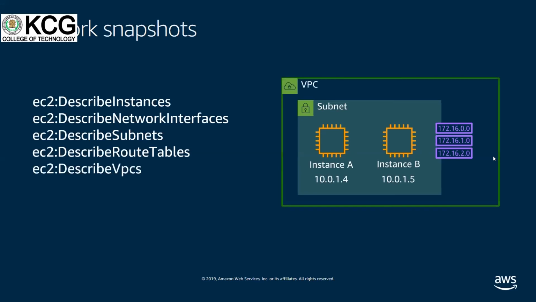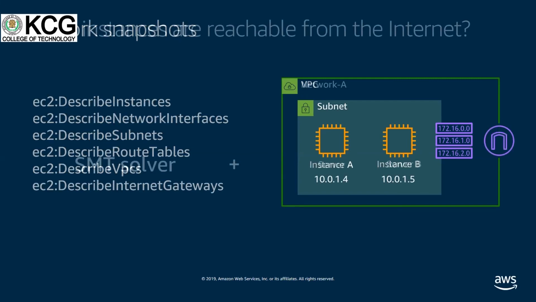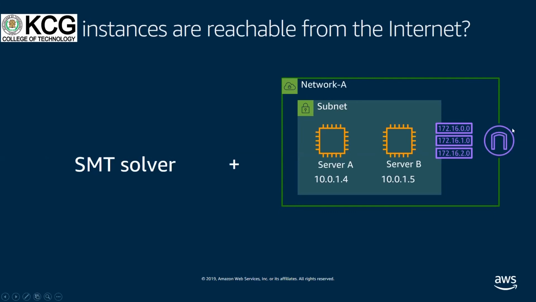Where should I go? And then that subnet lives inside a VPC, which is basically a network, a virtual private cloud. The network is attached to an internet gateway, and the internet gateway is attached to the internet.